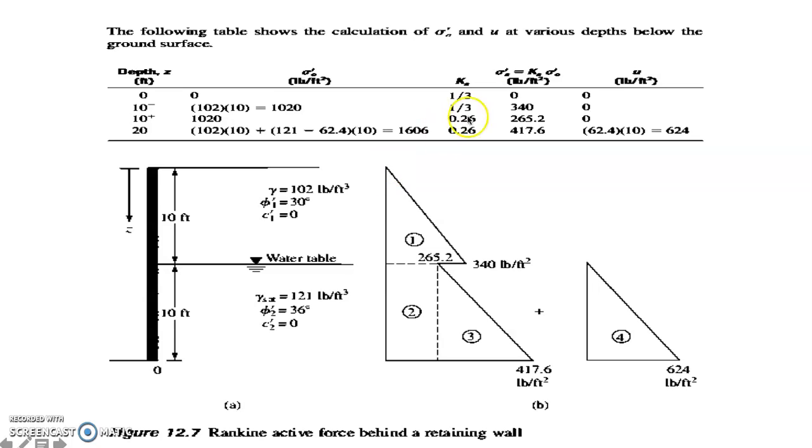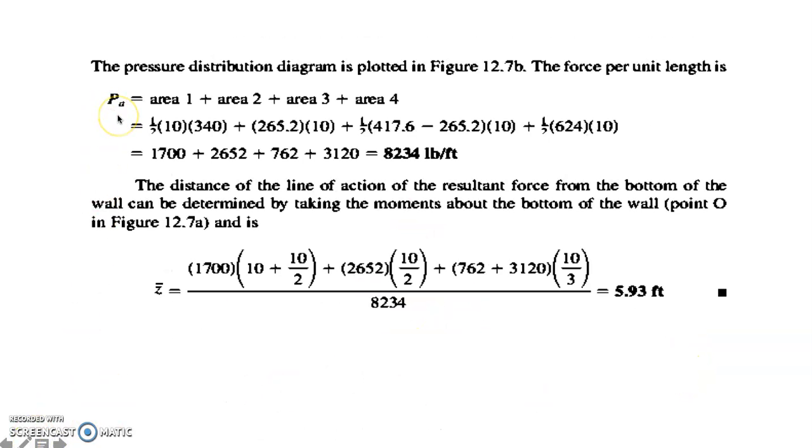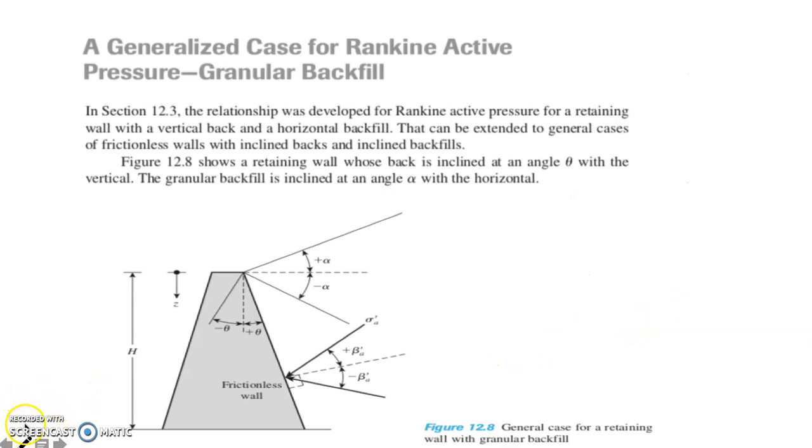It starts from 0, then you have 340, then 265 here, and 417. And of course, plus your pore water pressure, which is 624. Get the area of that and you can have the total force. And you can compute the location of the total force, which is equal to 5.93 feet. So that's our sample number 2.